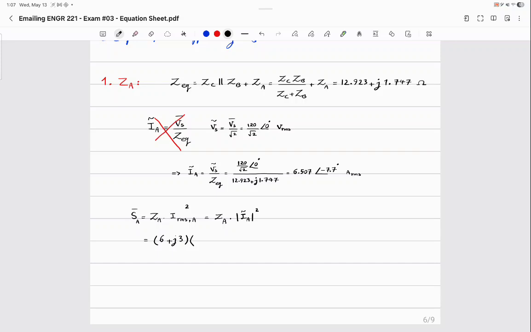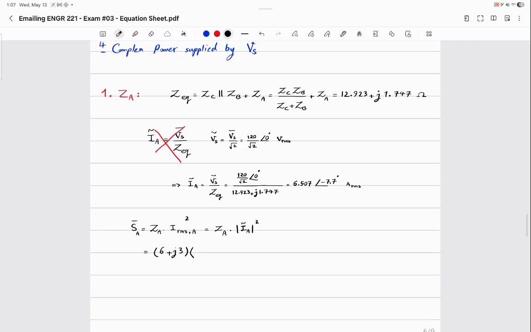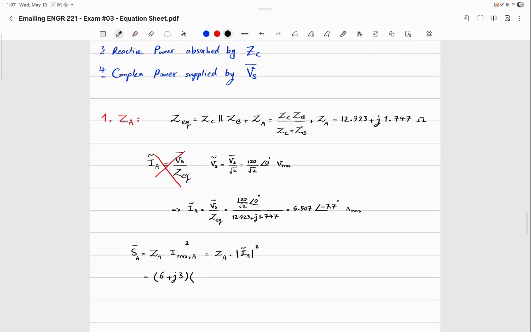I'm interested in the RMS value of the current that's passing through ZA. Can you tell me what's the current passing through ZA? Remember, the magnitude of IA tilde is the RMS value of the current.